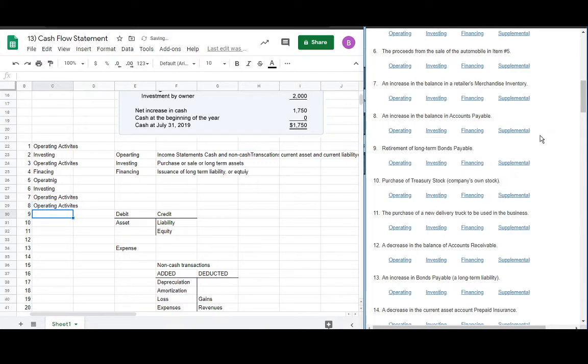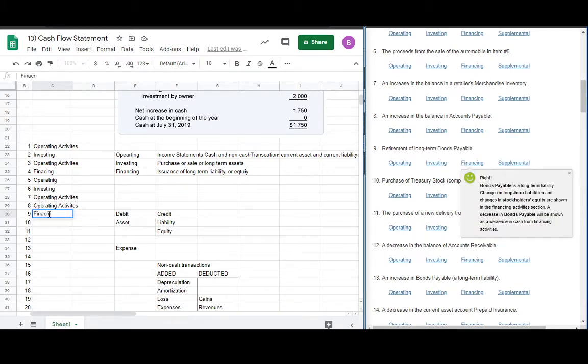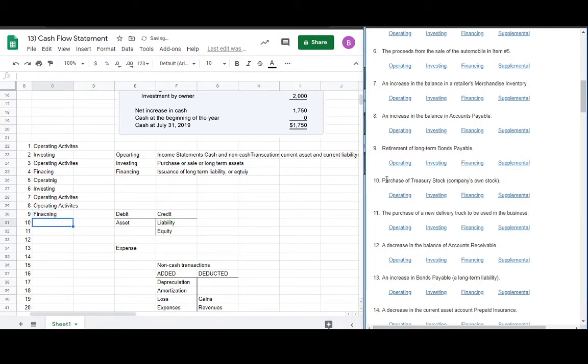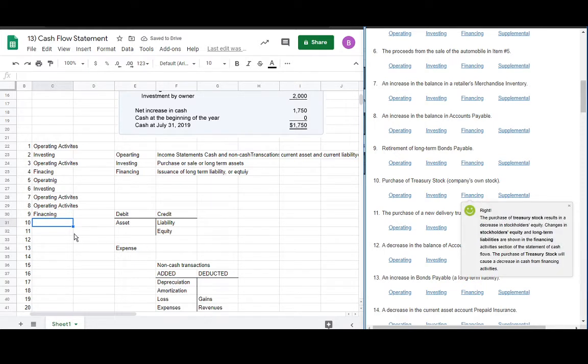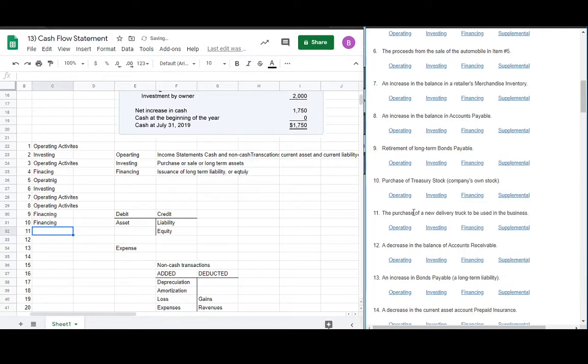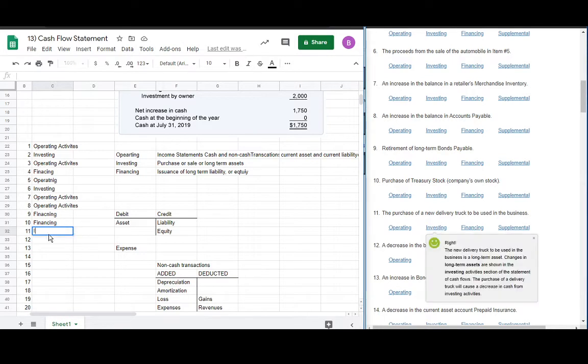Number 9, the retirement of long-term bonds payable. So, what is it? Long-term liability. So, financing. Number 10, the purchase of treasury stock. It is financing since it involves the equity. Number 11, the purchase of a new delivery truck to be used in business. What is it? Long-term asset. So, investing.